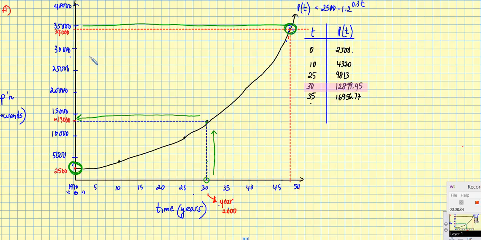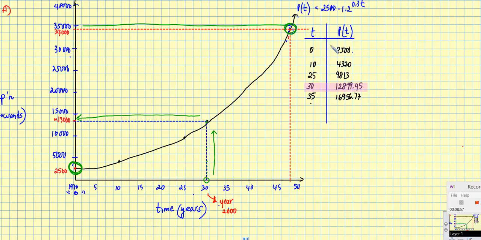So what I did was I made a table, and I said time versus the population. And I picked particular times. I picked 0, 10. I could have picked 0, 10, 20, 30, 40. I could have gone up by 5s and just done 0, 5, 10, 15, 20, 25, 30, 35 if I had wanted to.